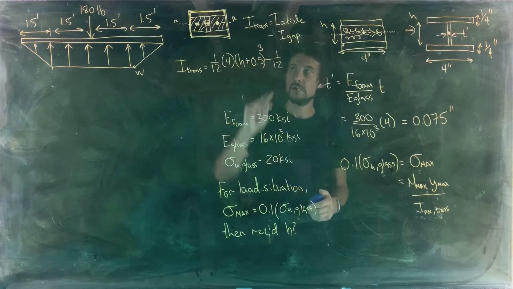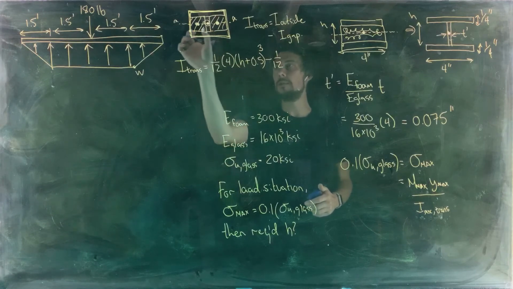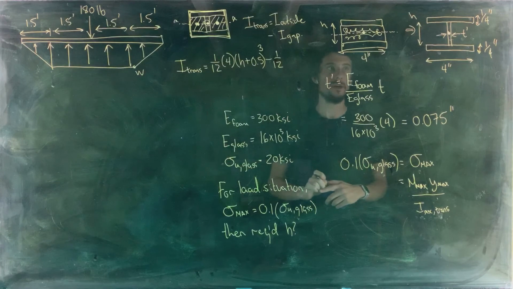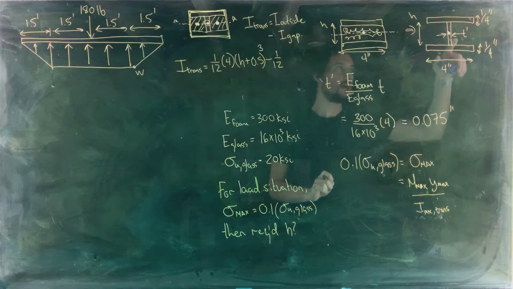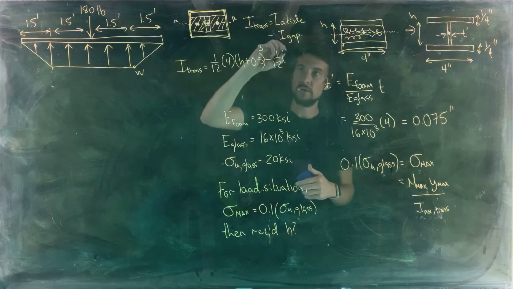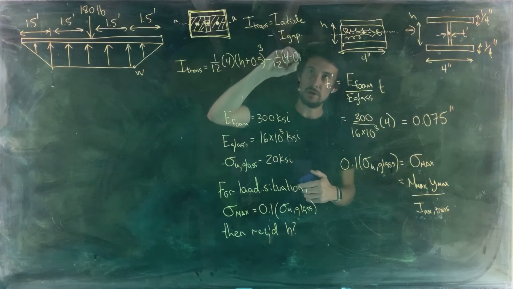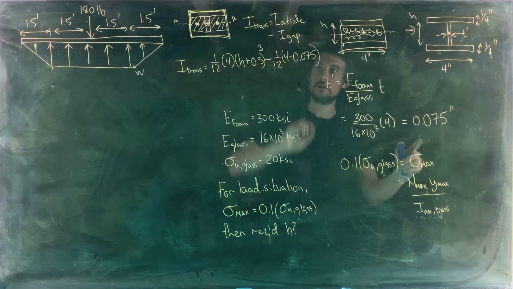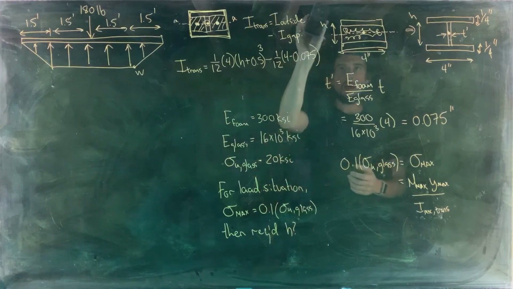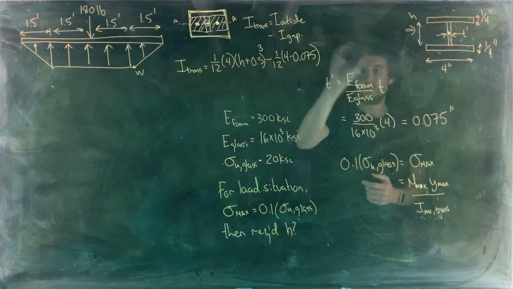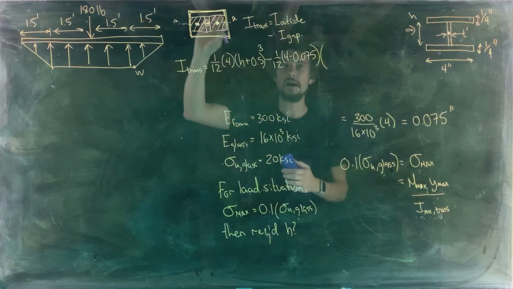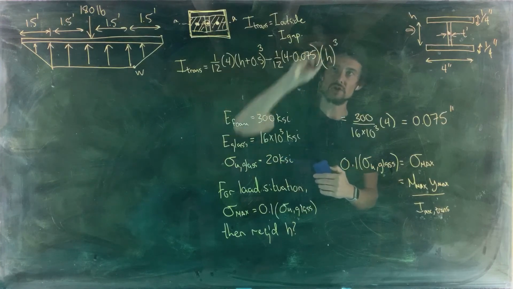1/12. So the base for this combined gap region, so both of these bases added together, is what? 4 inches minus our value of t prime. So we've got 4 minus 0.075. And then we're multiplying this by the height here, which is our value h cubed.